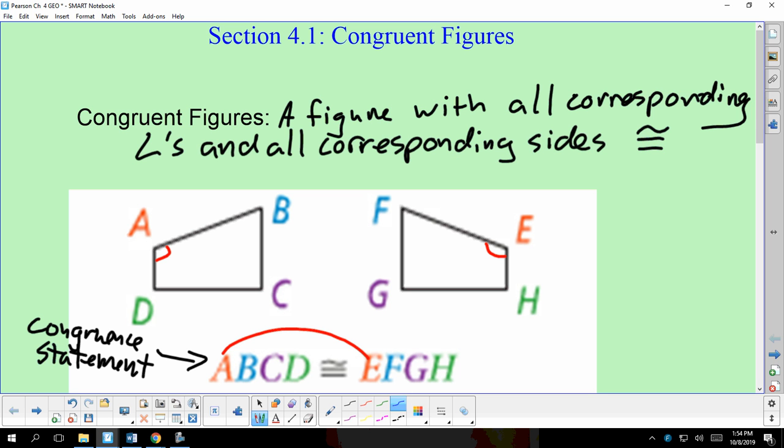Angle B goes with angle F. So those two angles would be congruent. Angle C is congruent to angle G. And then angle D is congruent to angle H.